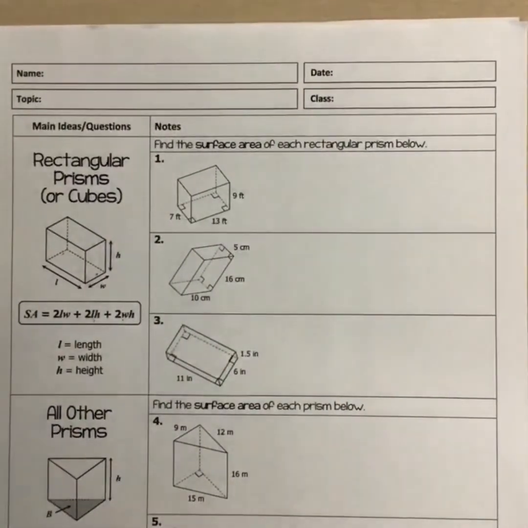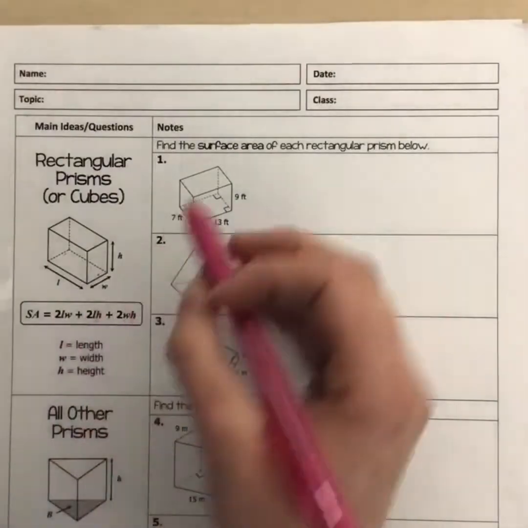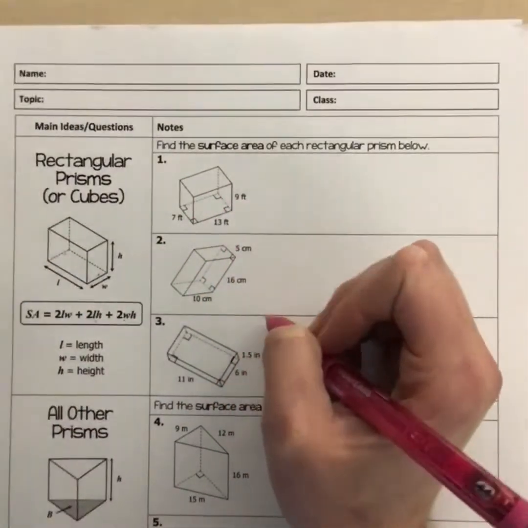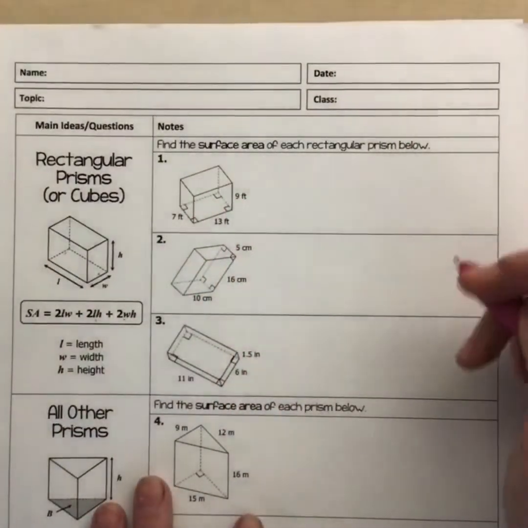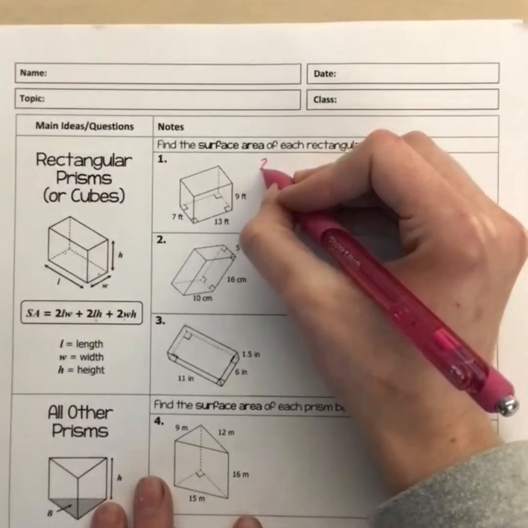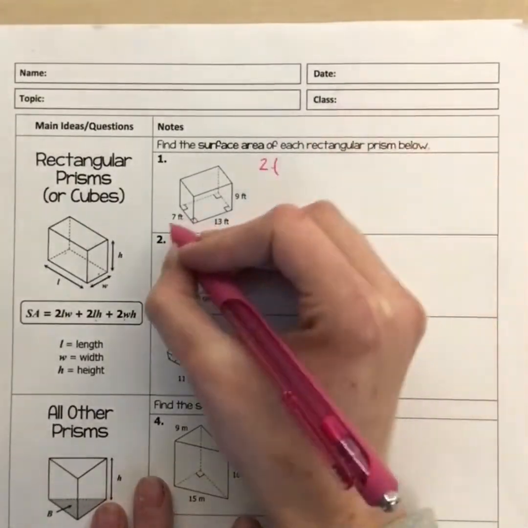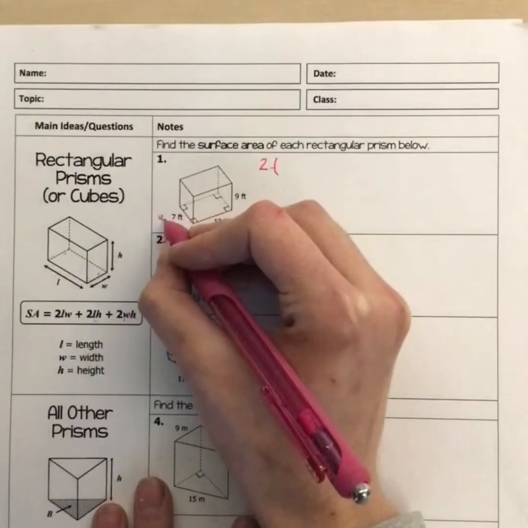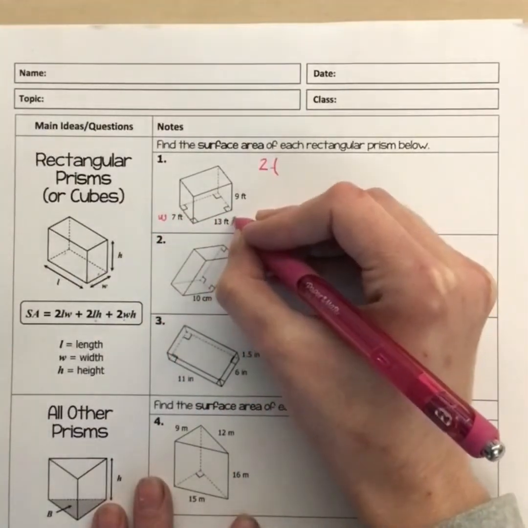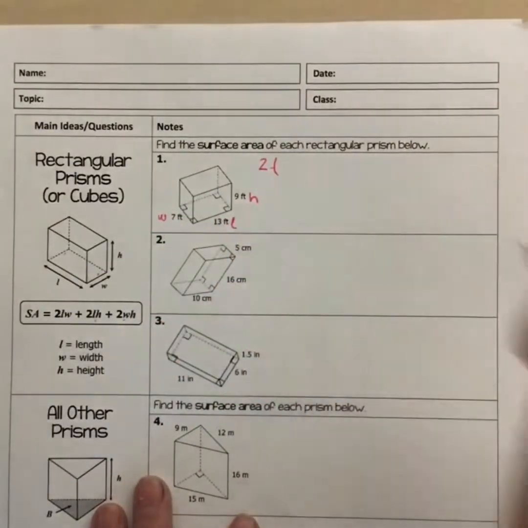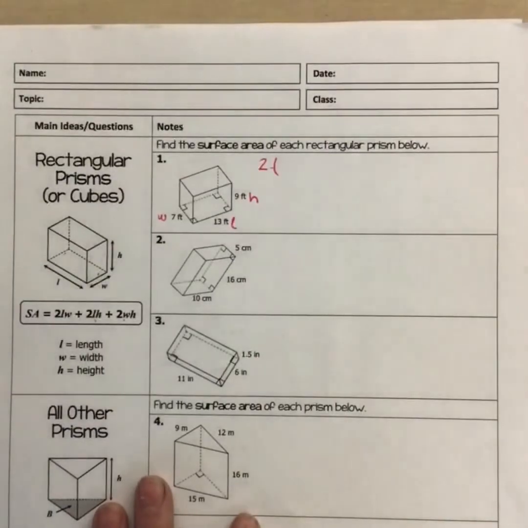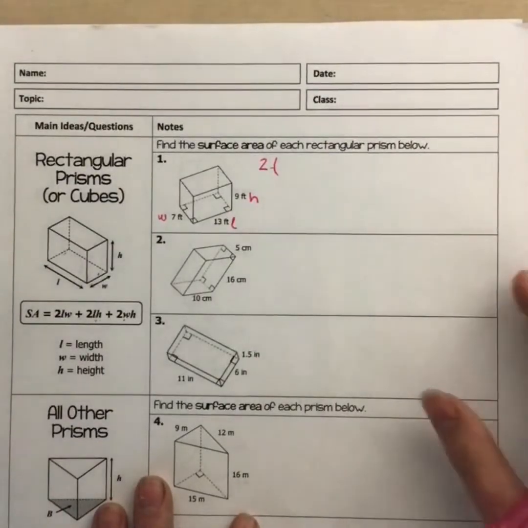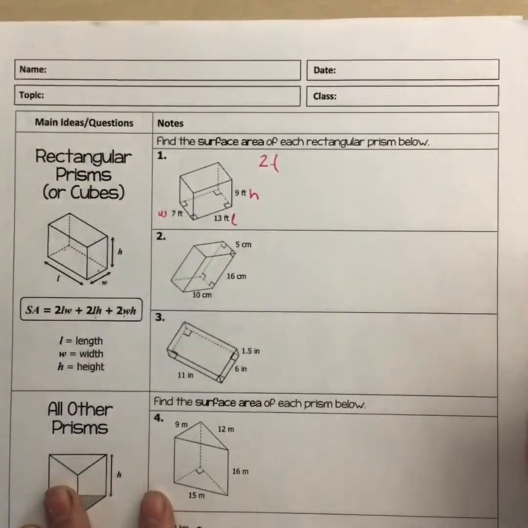So let's calculate this. If I have this rectangular prism here, it doesn't really matter where I put these numbers in as long as I make sure I have all those combinations. So we'll say 7 here is the width, 13 is the length, and 9 is the height. All depends on the orientation of how this rectangular prism would be laying or resting.